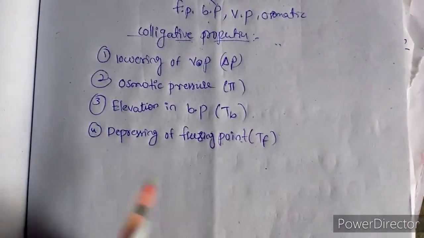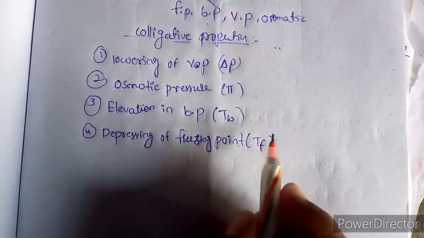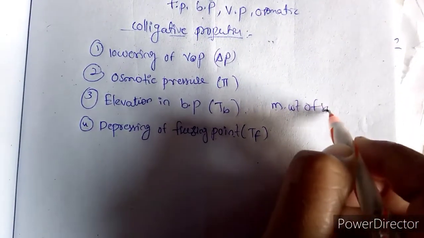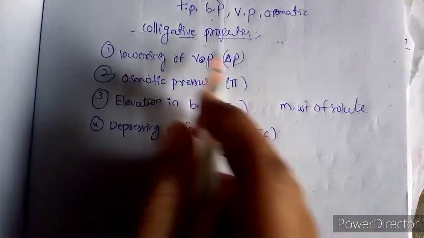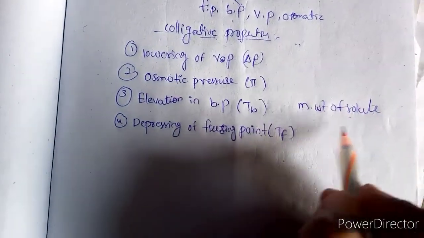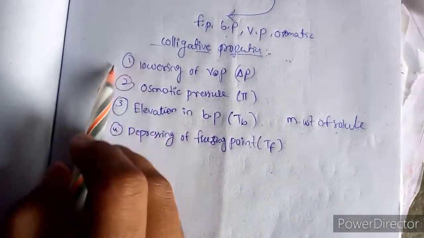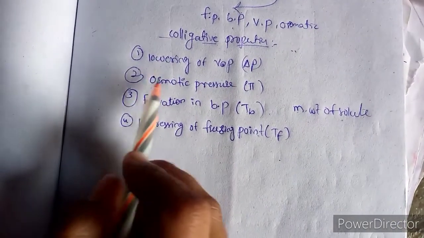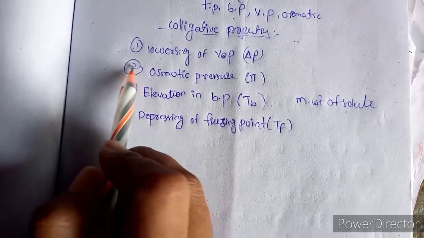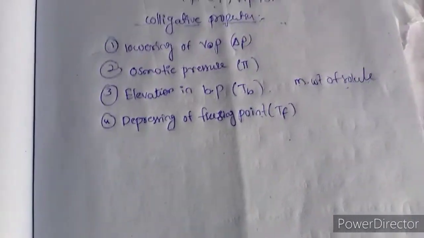Based on these properties of a solution, we can determine the molecular weight of the solute, or the mass of solute present in a given solution. These can be explained experimentally. If one colligative property is known, the remaining can be determined.